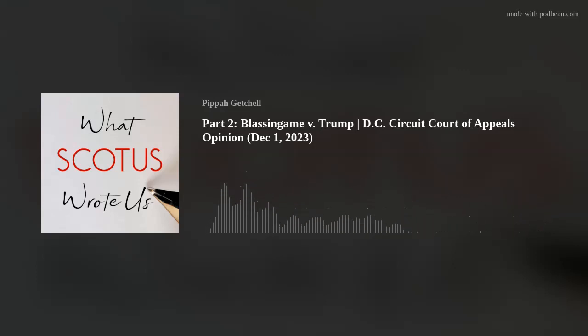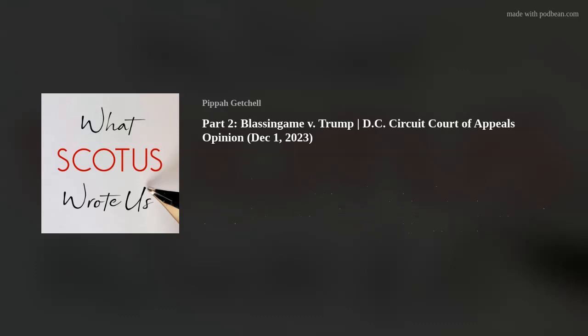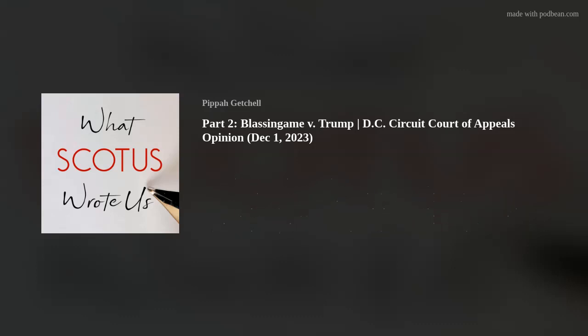To endorse that argument would be to establish an immunity from suit for unofficial acts grounded purely in the identity of the president's office. The salient question in the cases before us is whether President Trump took the actions alleged in the complaints in his official capacity or instead in his private capacity. The question whether those actions involved speech on matters of public concern bears no inherent connection to the essential distinction between official and unofficial acts.